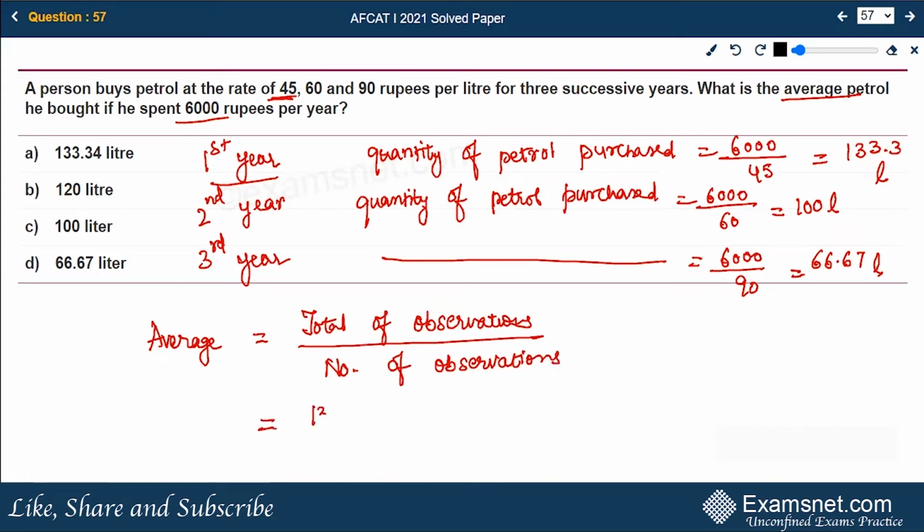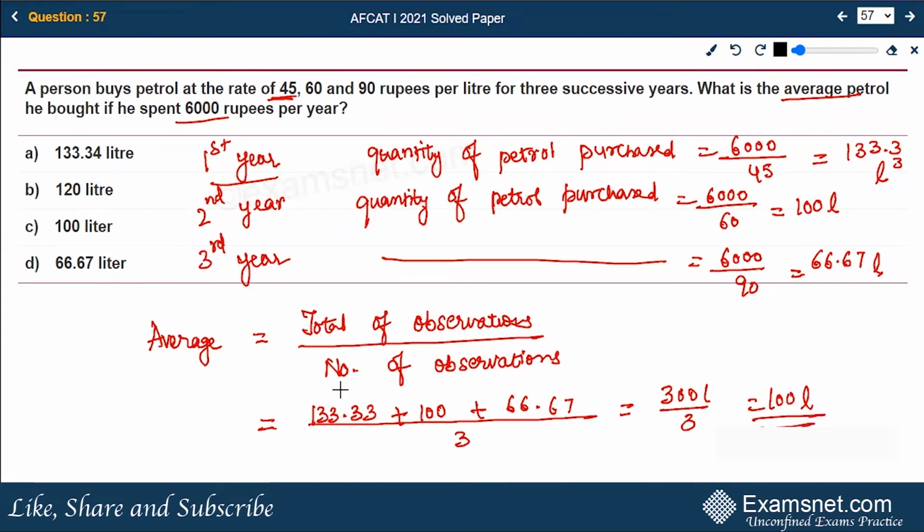So let's do the total. 133.3 plus 100 plus 66.67. This is whole divided by 3. This makes it 300 upon 3 liters. So the average will be 100 liters.